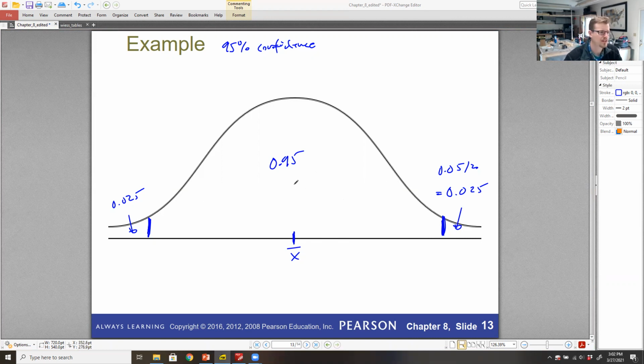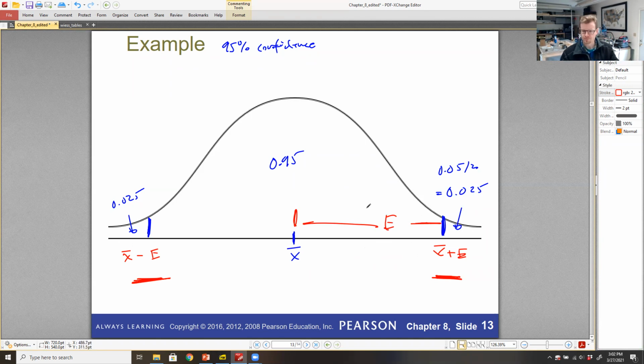But a couple of comments before we do that. The numbers we find here and here are going to be given by the mean plus some error and minus some error. So this is going to be x bar minus some error and x bar plus some error, where this distance here is the error.